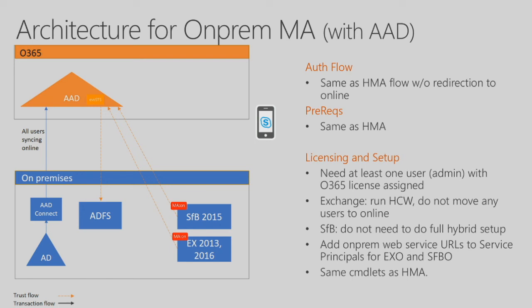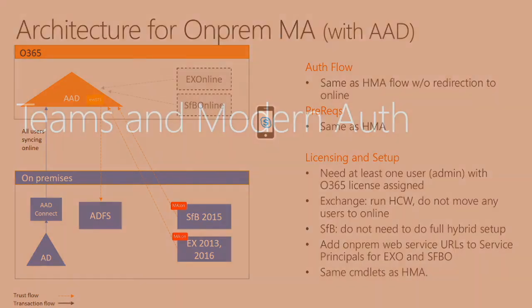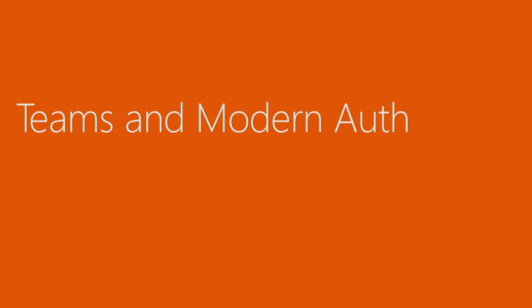That's part of the configuration. But in order to do that, AAD needs to know what tenant that's for, and it doesn't know the on-prem tenant. So by assigning that one license, basically a bunch of stuff happens in the back end, so that you get a tenant provisioned, a very minimal one, but you need that to be able to do the configuration, okay? But you don't have to have any person hosted online.